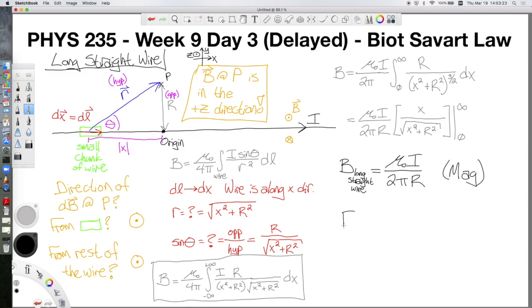You will find the direction from our right-hand rule, specifically right-hand rule number 2. And the long and short of this is that the magnetic field, like we've mentioned before, makes circles around the wire.